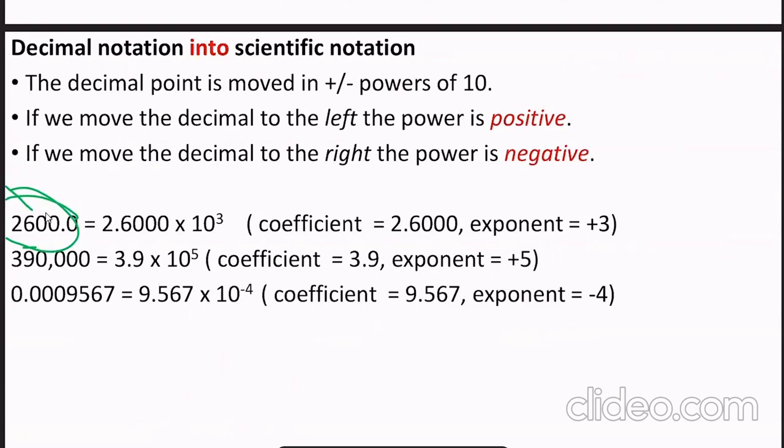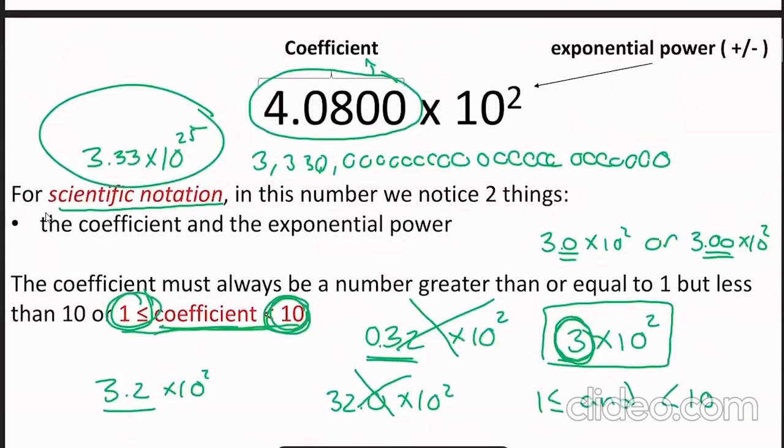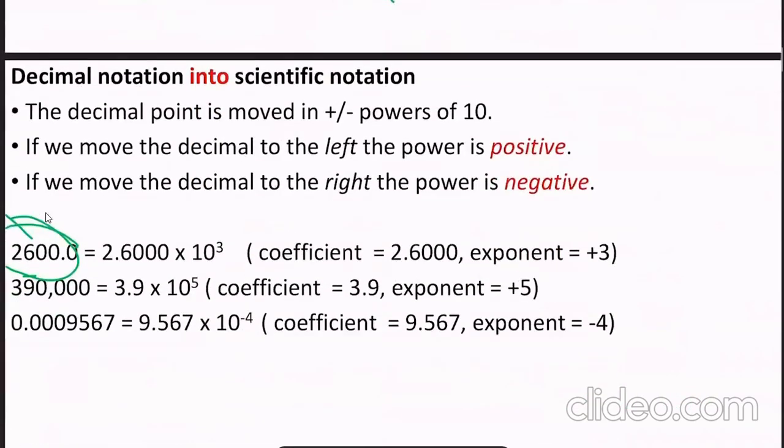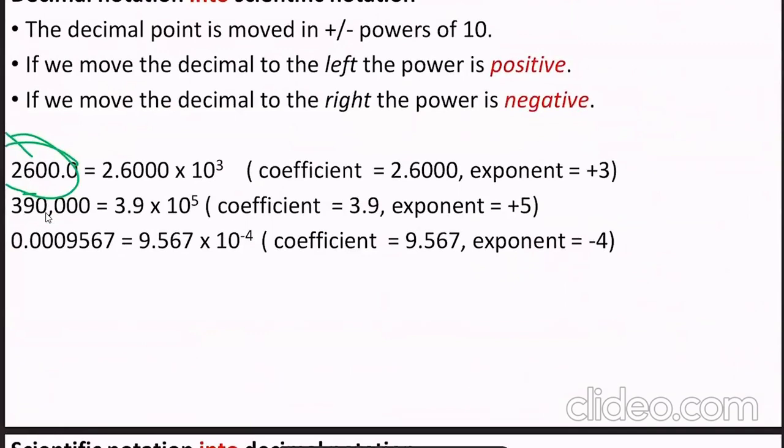There is a rule: moving the decimal to the left, moving the decimal to the right. There are two methods here, so use whatever method you want. The decimal is moved in powers of 10. This coefficient and my exponential power are in powers of 10: 10 to the 1, 10 to the 2, 10 to the 3, and so on.